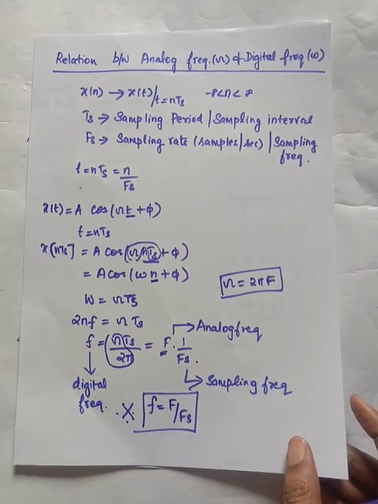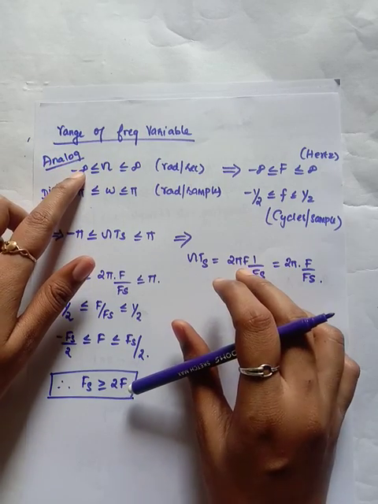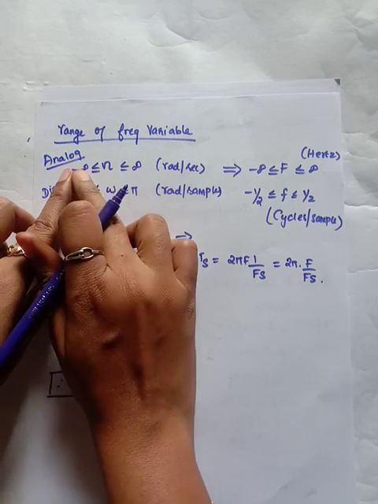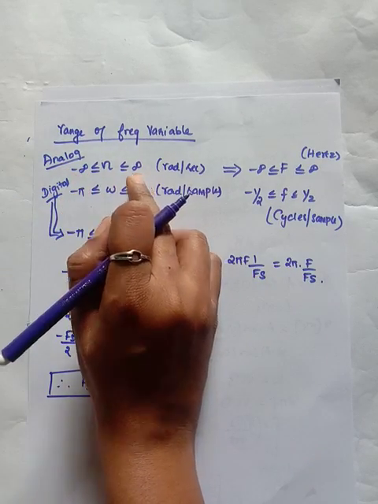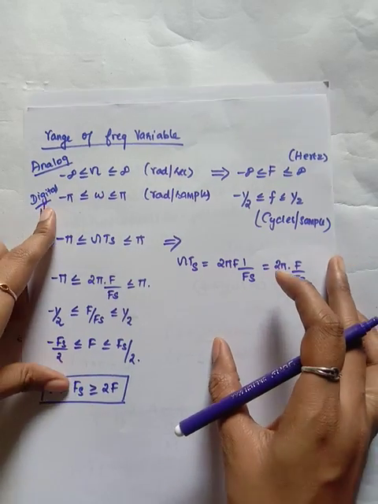Next is the range of the frequency variable. The analog frequency extends from minus infinity to infinity, and the digital frequency omega extends from minus pi to pi.